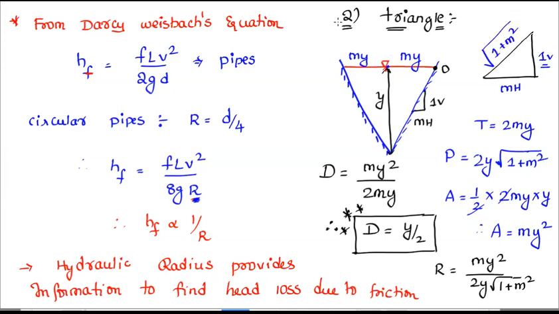In the conservation of energy and momentum, we are using the kinetic energy correction factor and the momentum correction factor. In the conservation of mass also, Q is equal to A V, where we use V average. So tell me, there also do we use any correction factor?